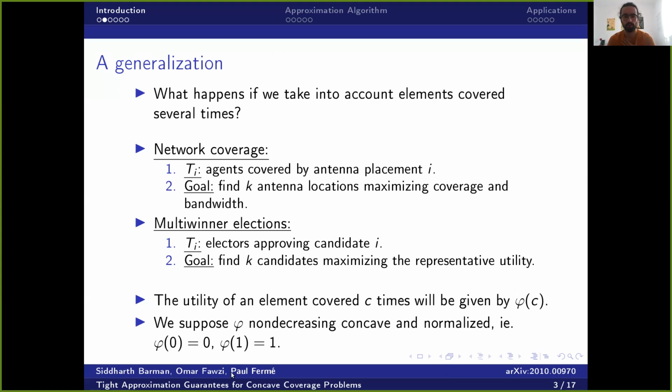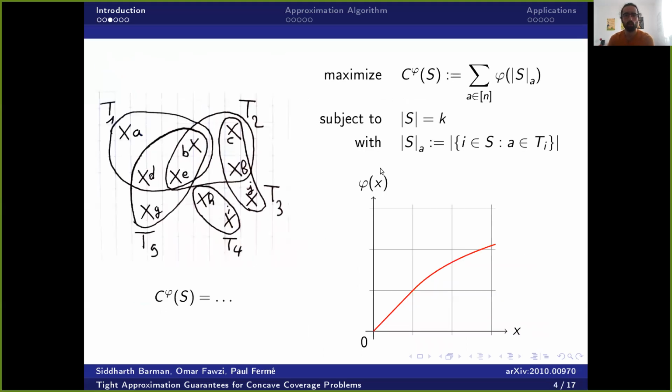And okay, a small normalization assumption. And what kind of things do we get with this? Okay, so the function that we maximize now is C phi of S, which is defined like this: the sum of phi of S_a, which is the number of times a is covered by S. And still, S has to be of size k.